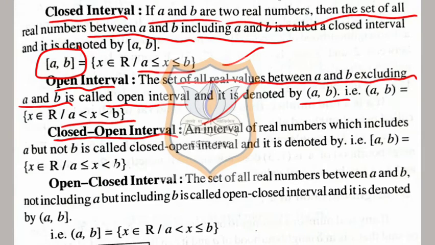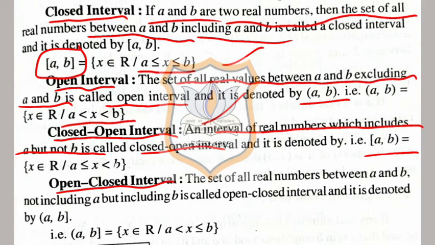Next is closed open interval. Now what is the meaning of closed open interval? In this interval, a will be included but b will not be included. So again it is an interval of real numbers which includes a but not b. And the symbol for closed open interval is [a, b). The box bracket will be towards a and open bracket will be towards b. The next is open closed interval.